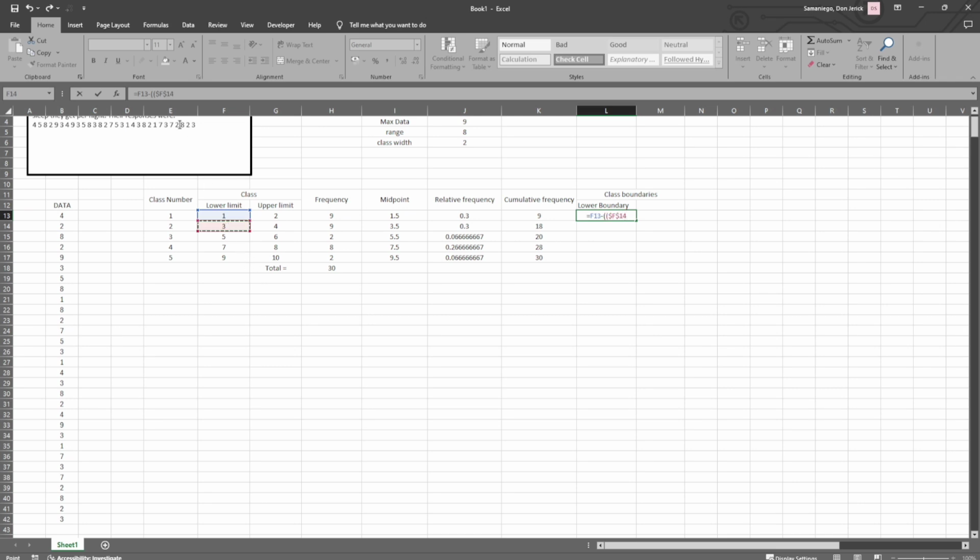Don't forget F4. Minus the upper class first row. Then F4, divided by 2, and spread.